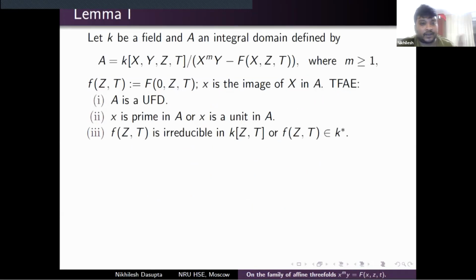So two things I will take from here: what is the structure of A[1/X], and what is A mod X. A mod XA is K[Y,Z,T] mod, now this becomes small f, so K[Z,T] mod f. Now if your f is a line, K[Z,T] mod f is K^1. So A mod XA becomes K^2 if f is a line.